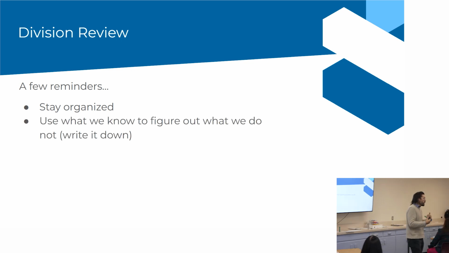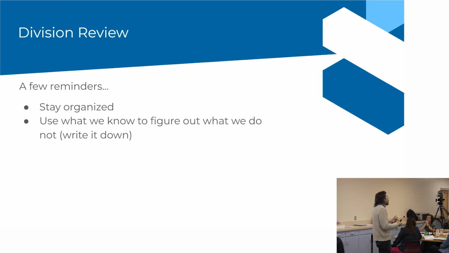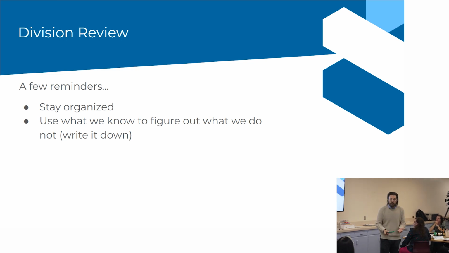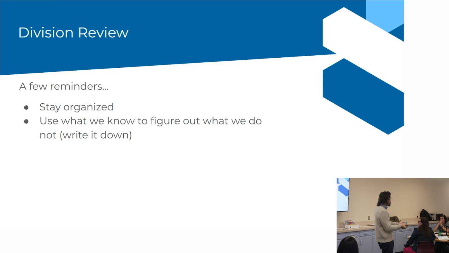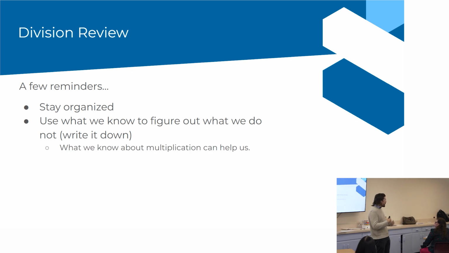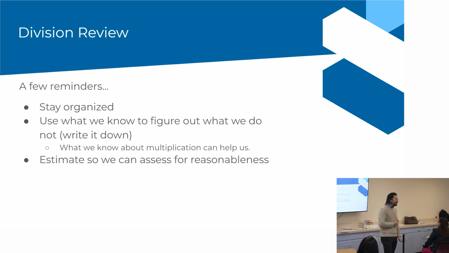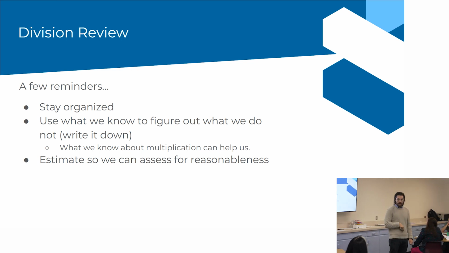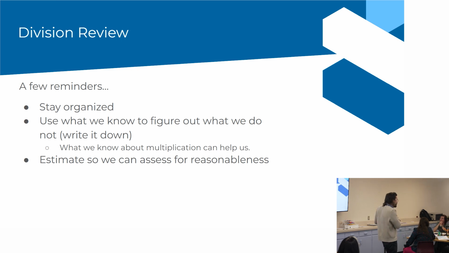We also want to use what we know to figure out what we do not. I think it's helpful to write that down. When we look at our problem, if there are things that we know that might help us, we're going to write that stuff down because we can go back to it. It might help us answer the question and figure out the things we don't know. We're dividing, so what we know about multiplication might be really helpful. Also, as numbers get bigger, it's more and more important that we estimate so that we can assess for reasonableness.